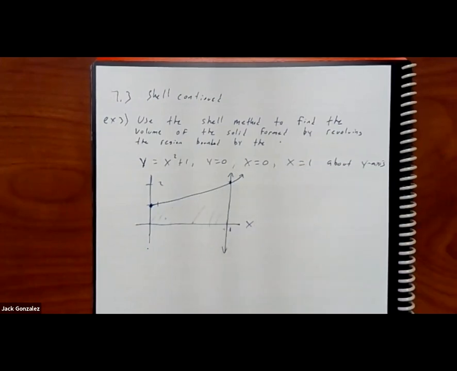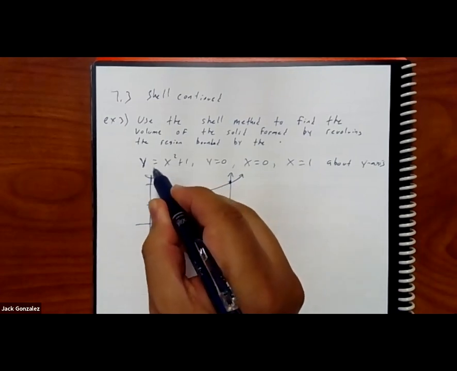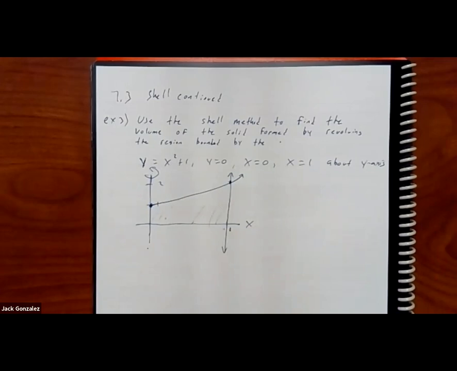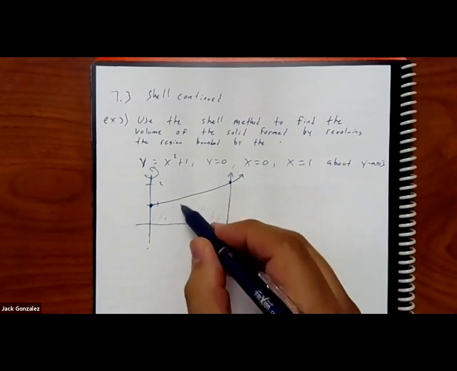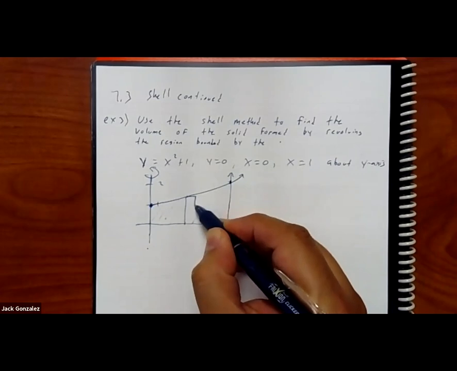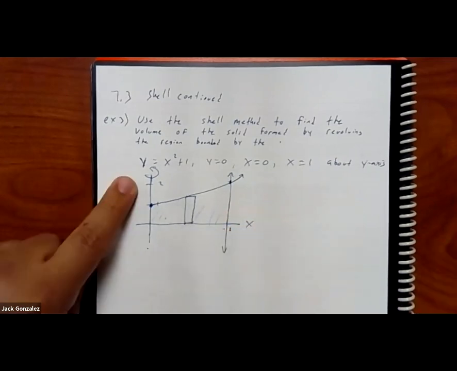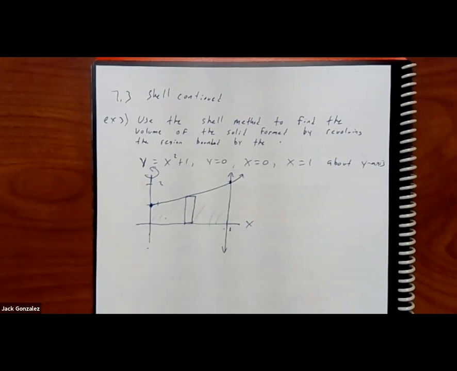All right, so they said rotating about the y-axis. So I'm rotating this way. So if I'm rotating on the y, and they told me to use shell, that means the slice, the rectangles, have to be parallel to the rotational axis, right? Okay.